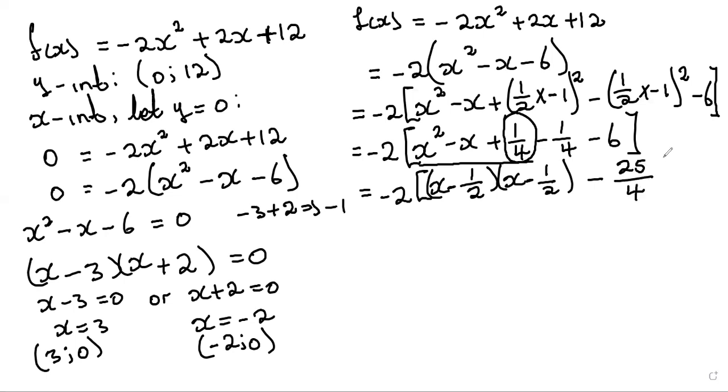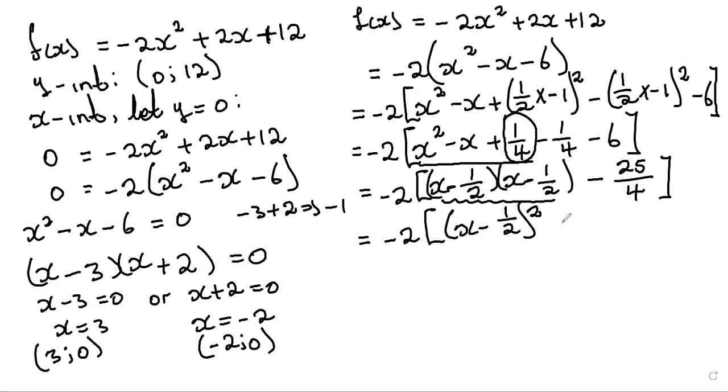Then from this point, what is going to happen? You still have -2, but because you have exactly the same thing, 2 things there that are exactly the same, you're just going to take it once, and then you square the whole thing.